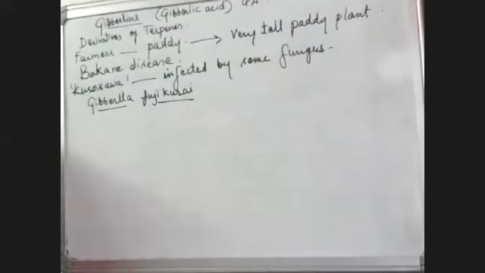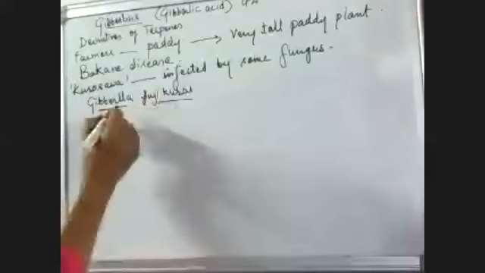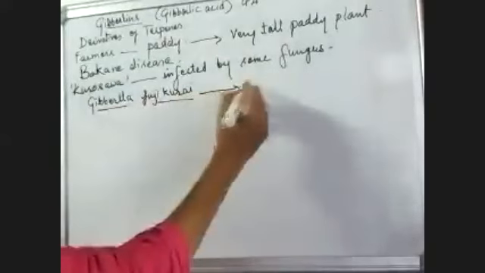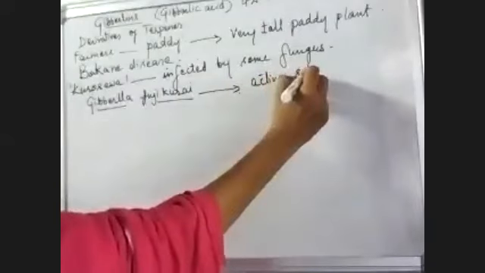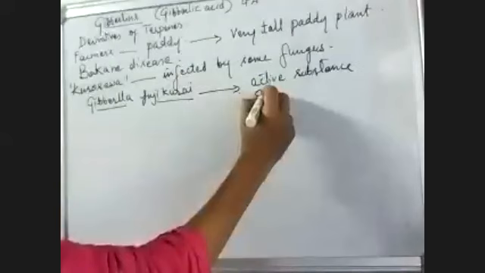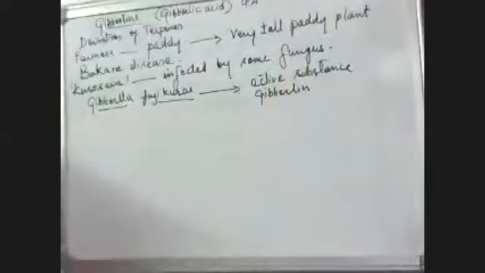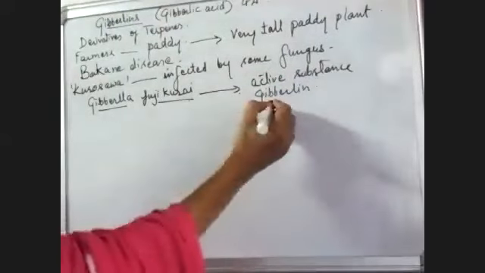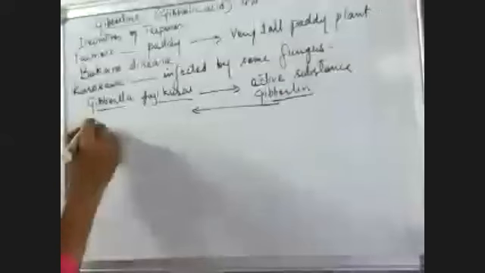He noticed that these plants were infected by this fungus, and this fungus produced an active substance, which was known as gibberellin, and later it was identified as gibberellic acid.